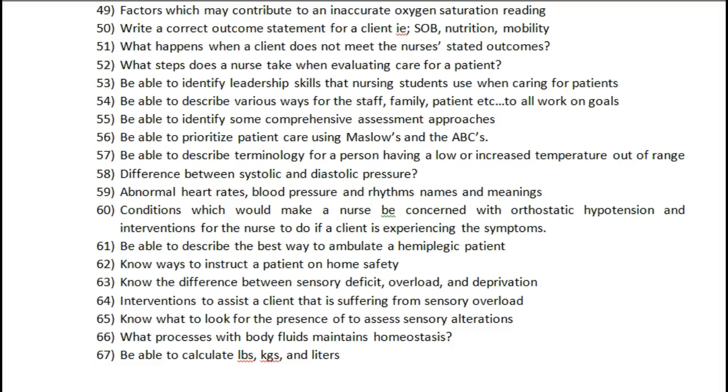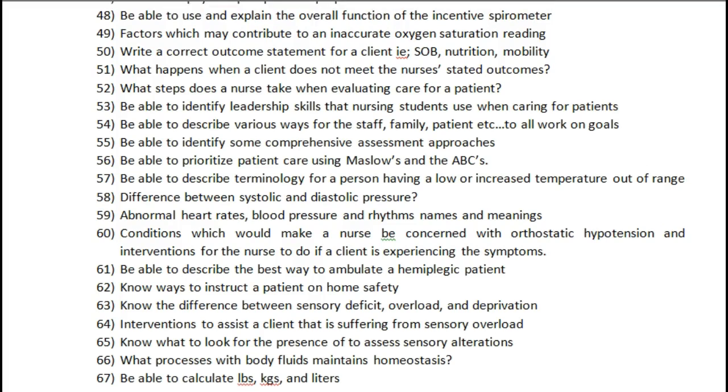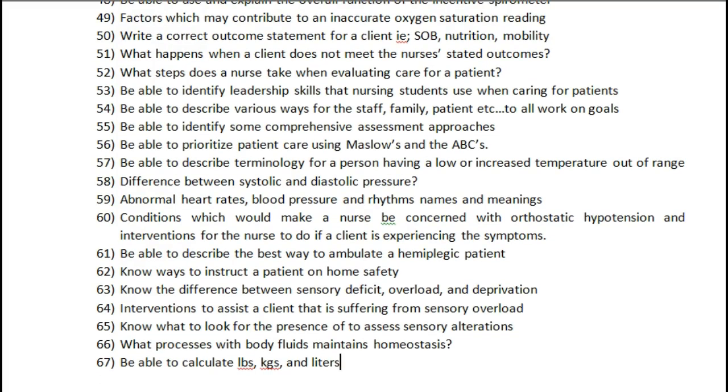We talked about homeostasis and stuff. What type of things place people at risk for orthostatic hypotension?